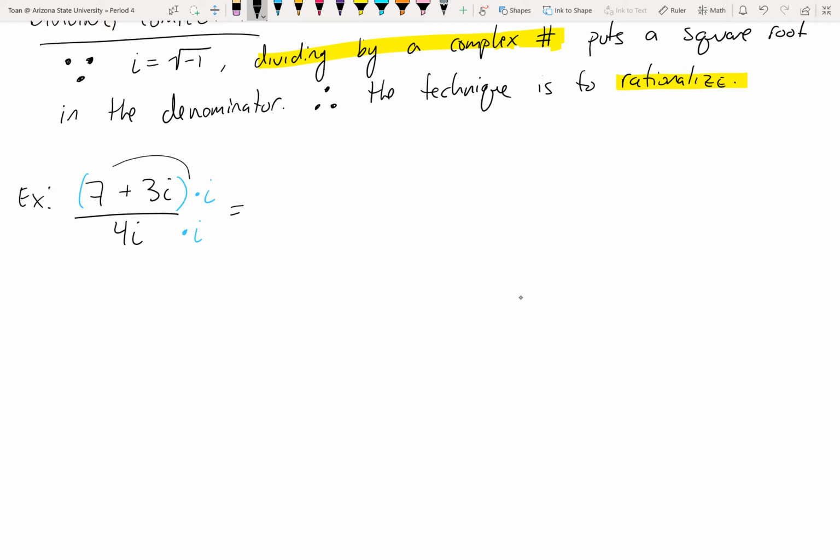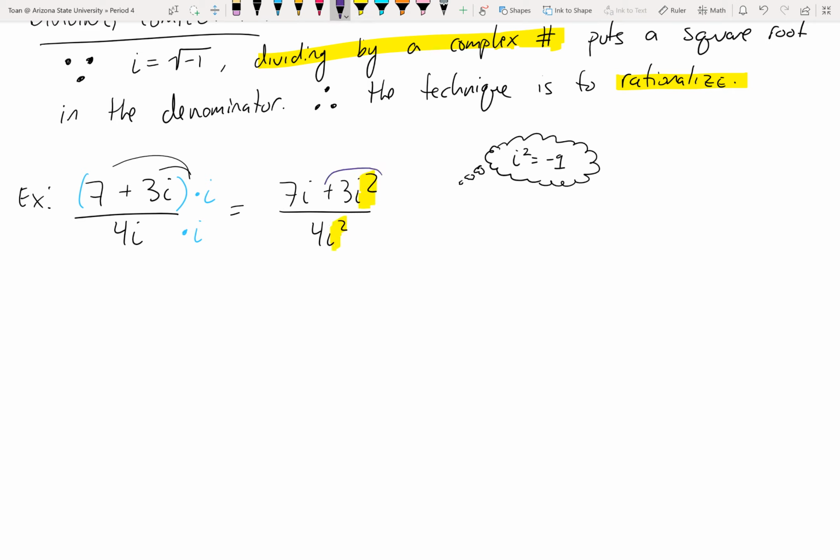Distribute. That's 7i plus 3i squared over 4i squared. And we just have to remember that i squared is negative 1. So wherever I see an i squared, that becomes a negative 1.